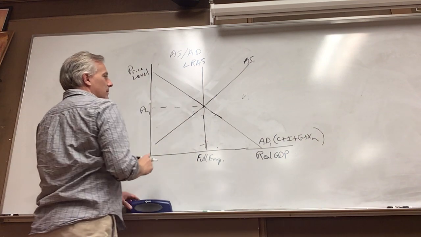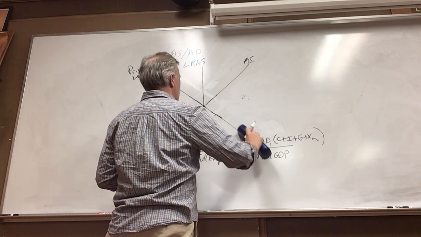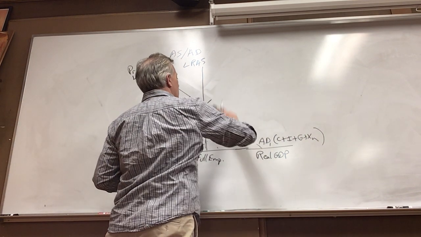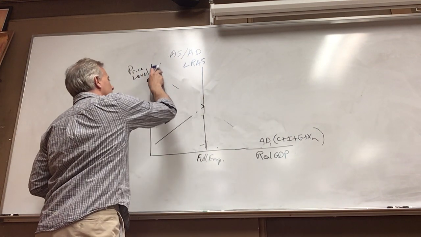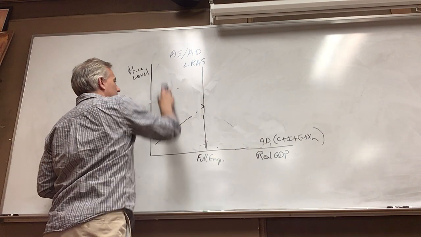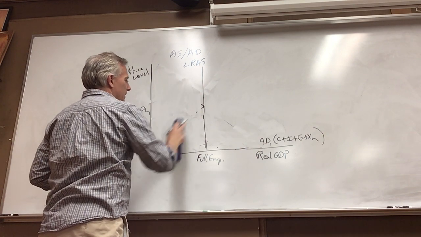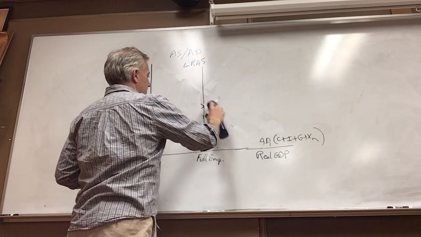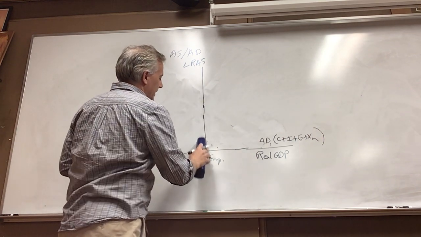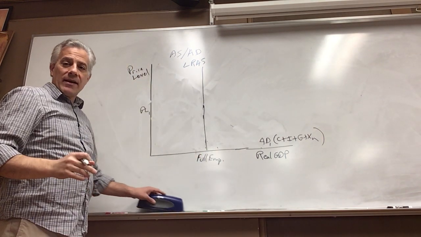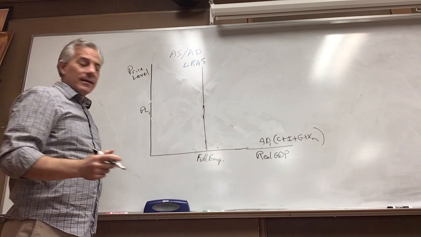And then there's the two types of economies based on long-run aggregate supply. Remember, long-run aggregate supply is what is a sustainable level of output for the economy, okay?